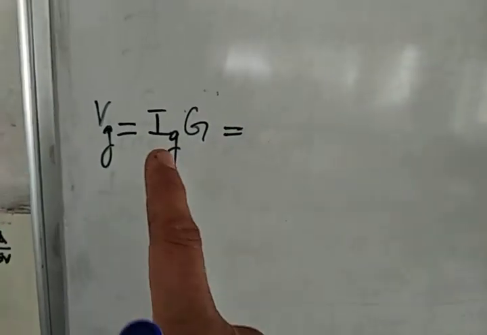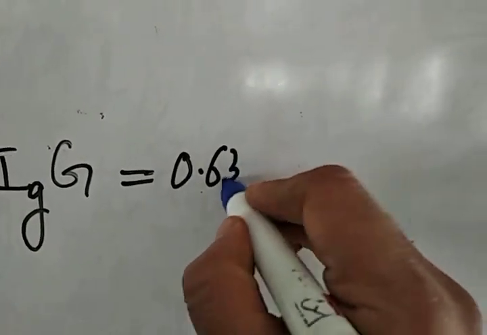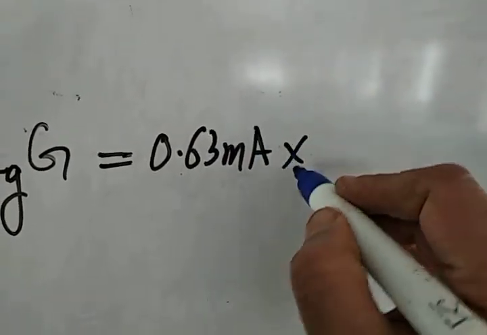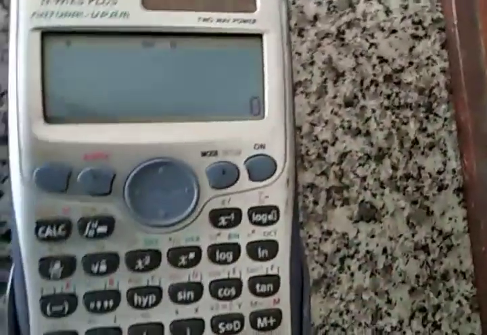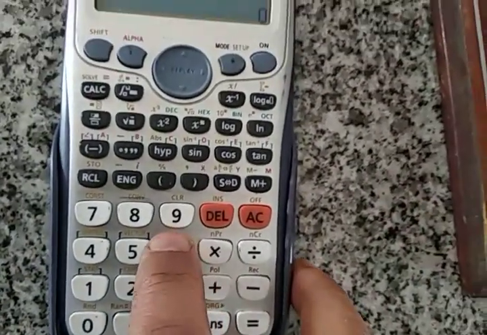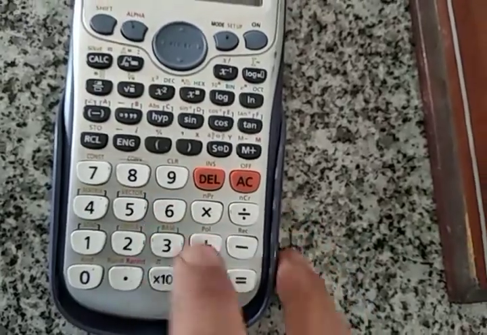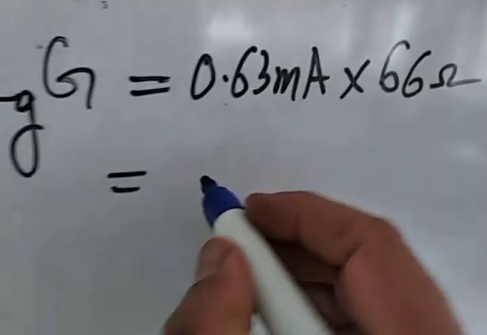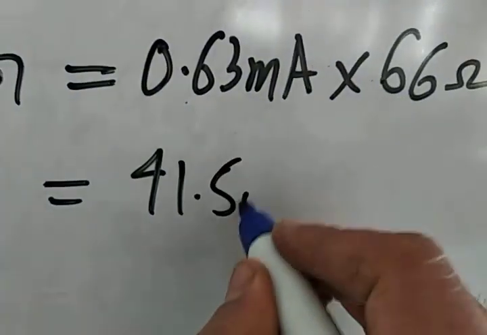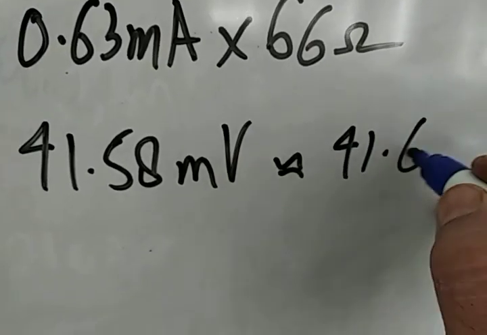Now, Ig is 0.63 milliamperes, and G for this galvanometer is 66 ohms. So when we multiply these two, what do we get? 66 times 0.63 gives 41.58. This is 41.58 millivolts, approximately 41.6 millivolts.